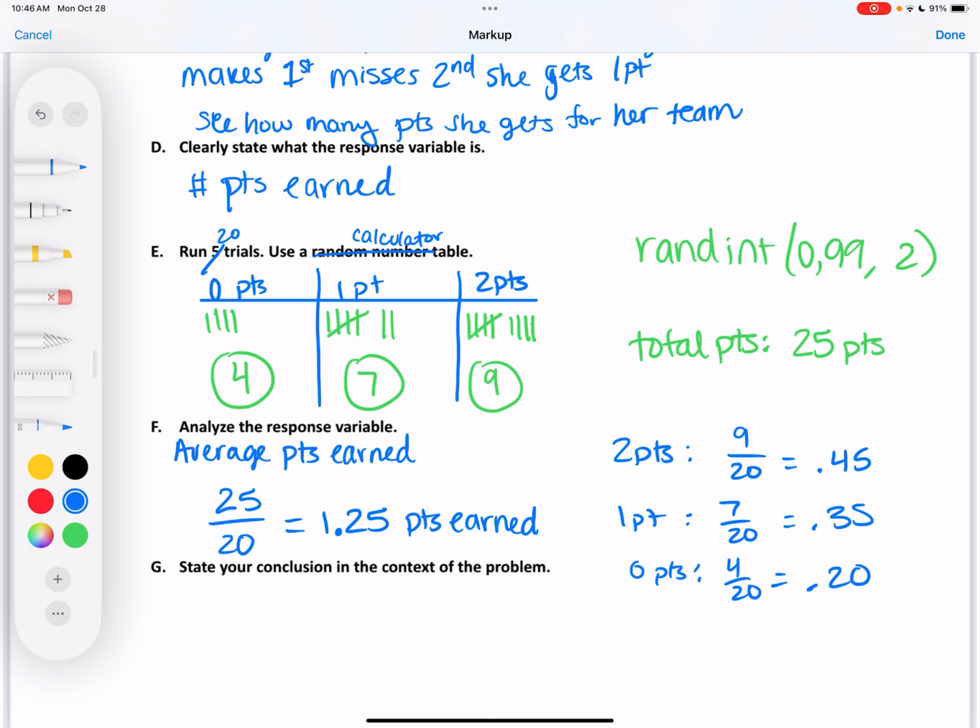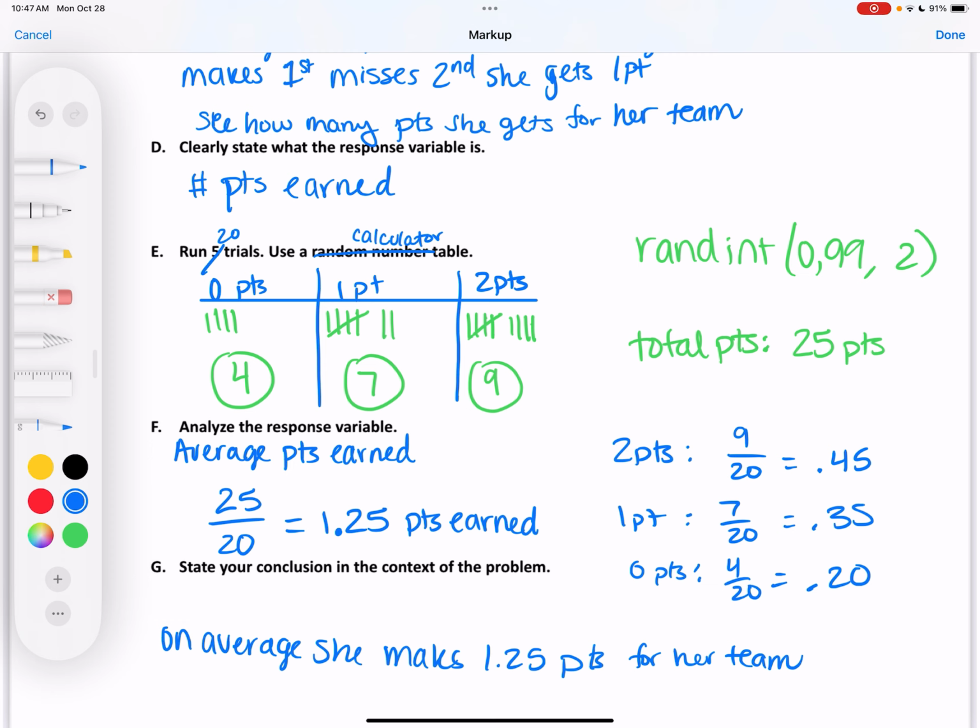So then the conclusion would be that on average, she makes 1.25 points for her team. Is that good in basketball?